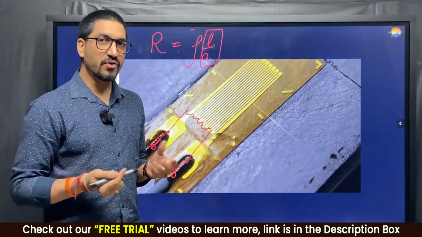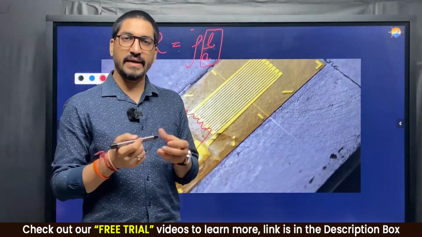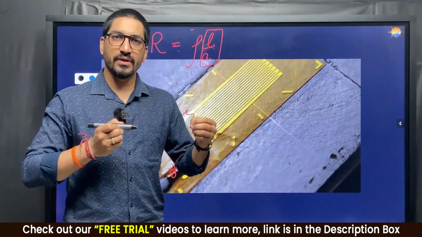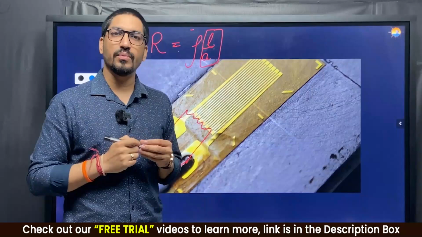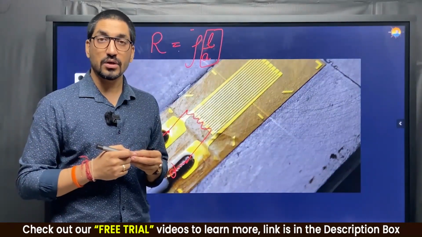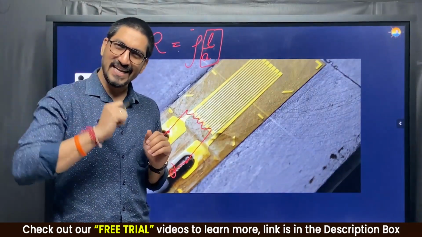What happens to the area of cross section? If the length of any solid material is increasing, let's say any wire, then fractionally you will observe that the area of cross section is going to drop, because the volume has to remain constant. So when my length increases, the area will slightly decrease.